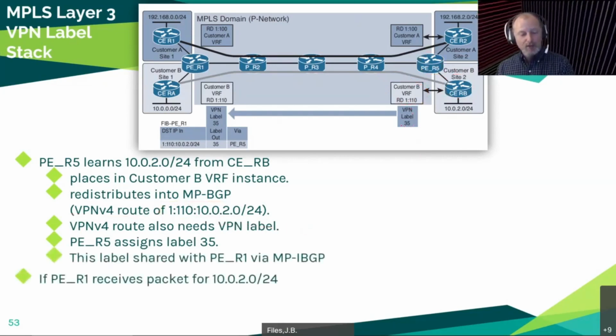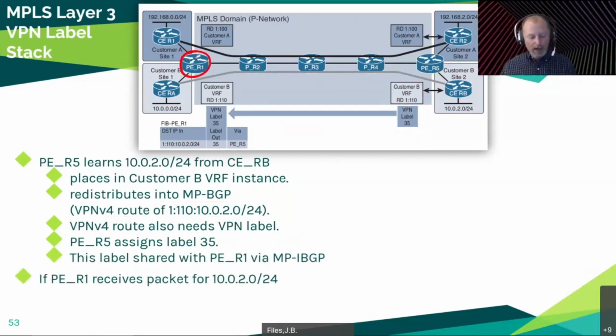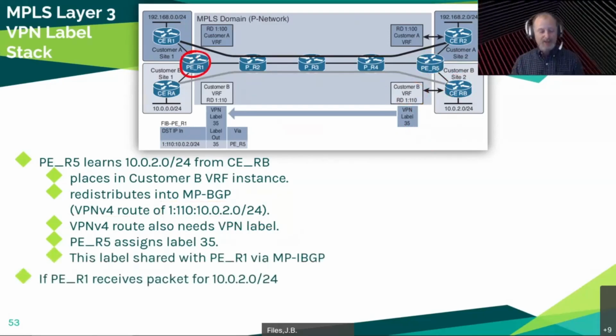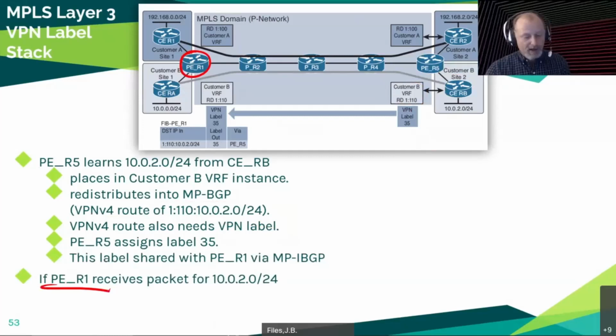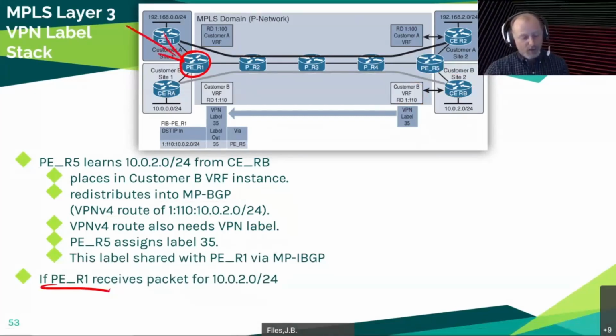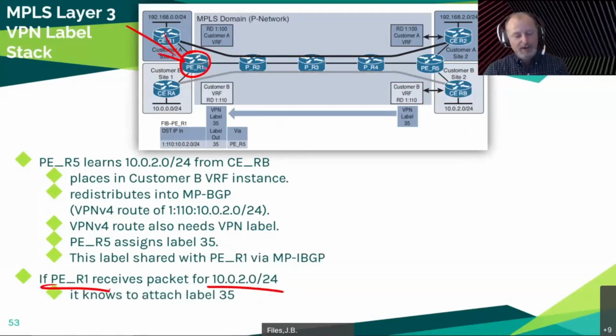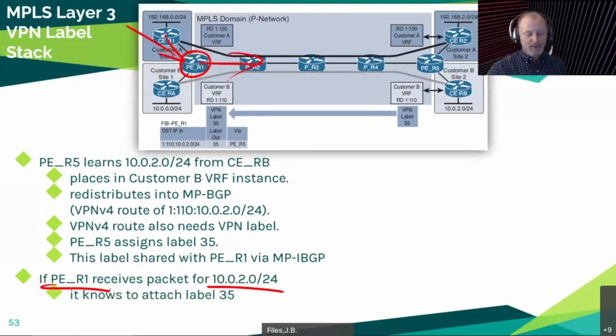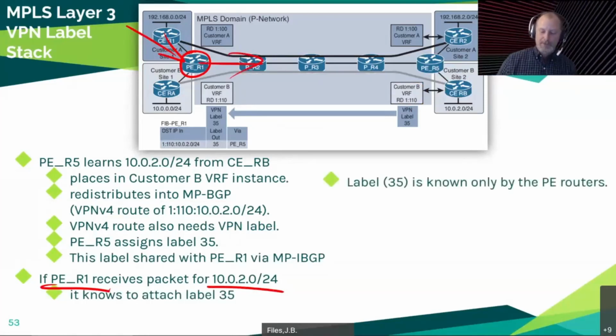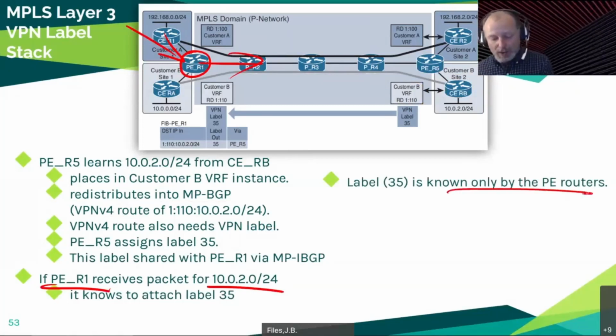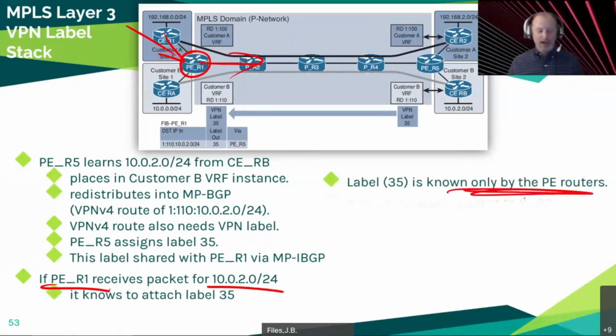This gets shared with provider edge router 1 via iBGP. So if provider edge router 1 receives a packet for that network, it knows to attach label 35 and send it on its way. This is known only by the provider edge routers.